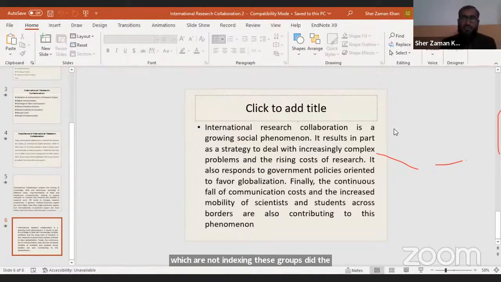So what should be in our research papers? Our research papers should have some essential attributes, some essential qualities.